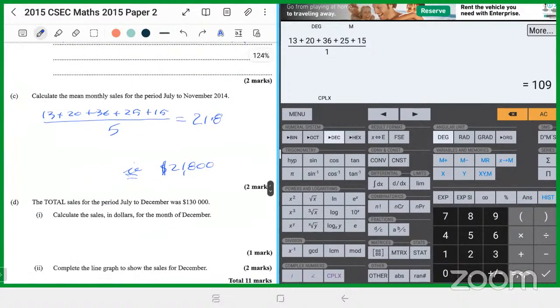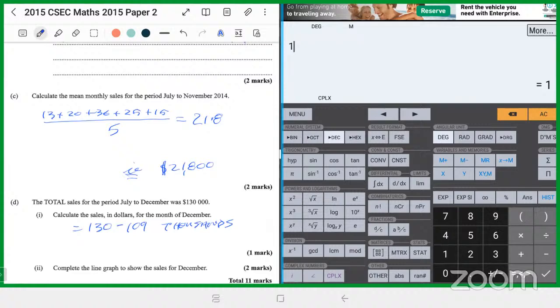So the sales for December is equal to 130 minus 109,000. 130 minus 109 is 21.